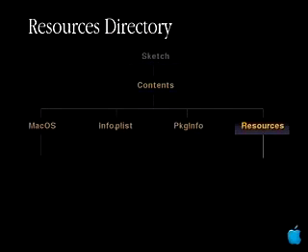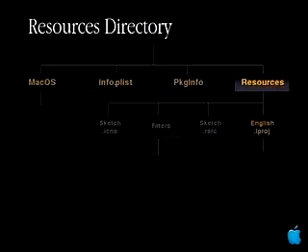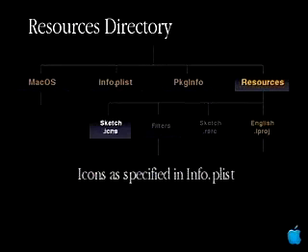Finally, in the resources directory, we have everything else. And I'm going to show you what that is. The first thing is going to be something that all your apps are going to have, which is an icon for the application itself. The plist contains a reference, which is the name of the file that contains the icon.